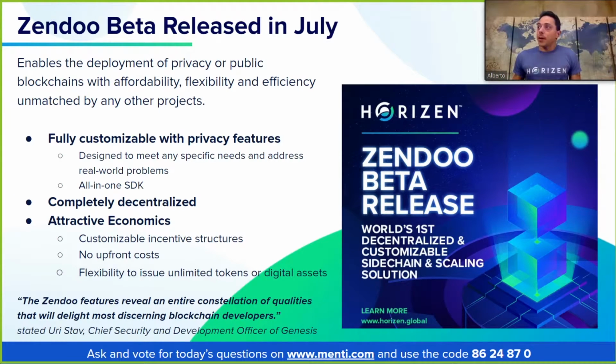So, okay, let's first split the Zendoo Beta release in two parts: the main chain side and the SDK side. On the main chain side, we deployed all the changes that were needed for allowing a user, for example, to declare a new sidechain in the main chain. And what do we mean by declaring?